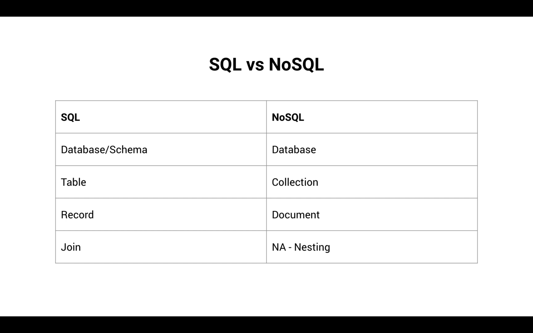And then finally, down here, as we talked about, in SQL, we have this concept of joining together multiple tables. In a NoSQL database, we don't have joins, but we might have nested documents. So what that might mean is that if we have a user, for instance, and that user has a bunch of different interests, we can actually nest those interests inside the user object.